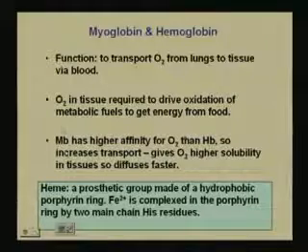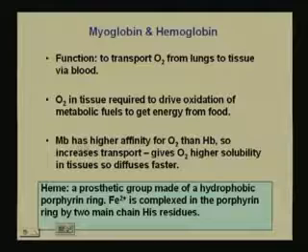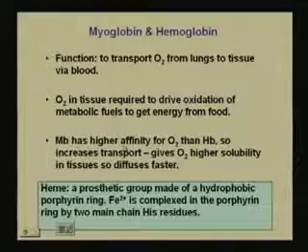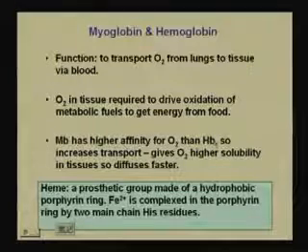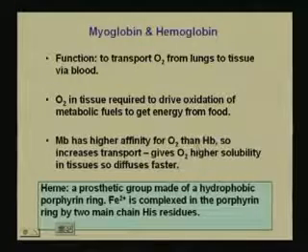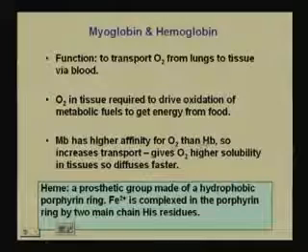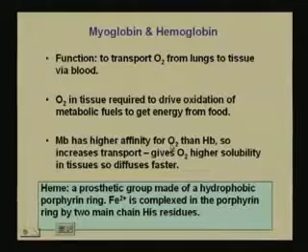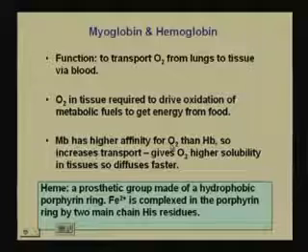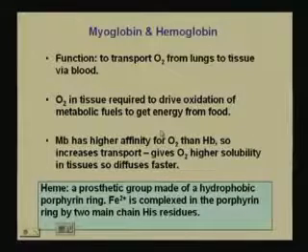So, myoglobin has higher affinity for oxygen than hemoglobin, but the lower affinity of hemoglobin for oxygen is required because it is going to transport the oxygen. We will see how that works.